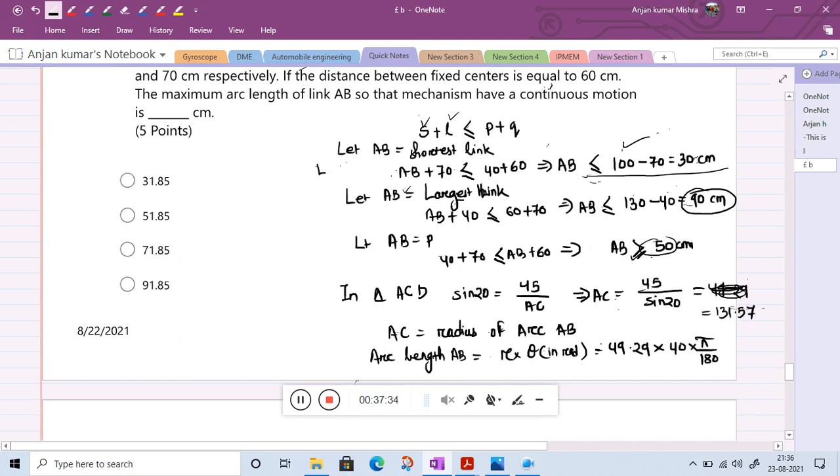So 131.57 multiplied by 40 multiplied by pi by 180 converted to radian, and that is coming out to be 91.85. So answer will be equal to 91.85. So correct answer is option 4.